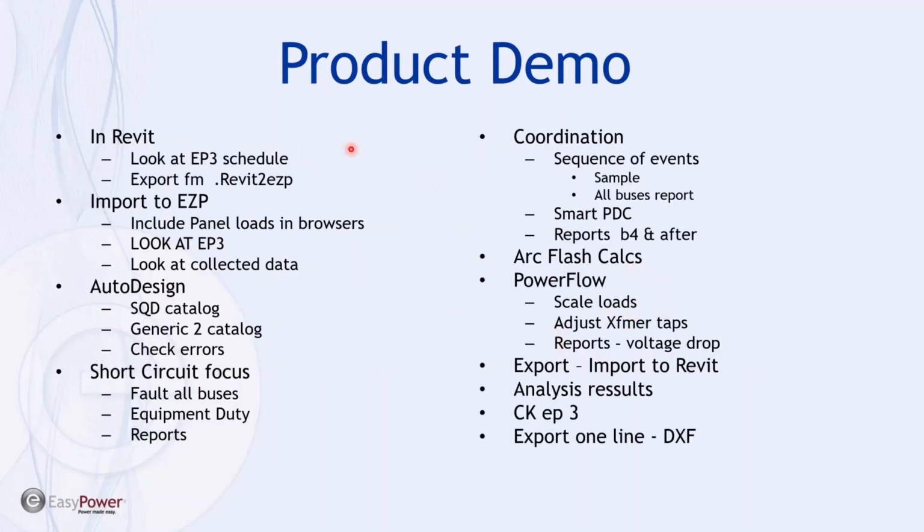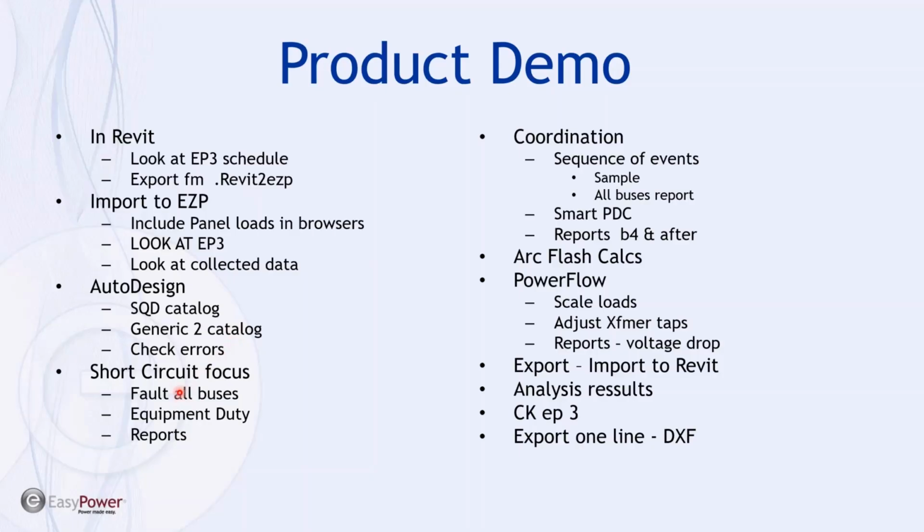So what I'm going to do is look at the Revit electrical subsystem browser, and identify the elements that we want to track through the process of importing, implementing auto design, which will size the elements based upon certain criteria.